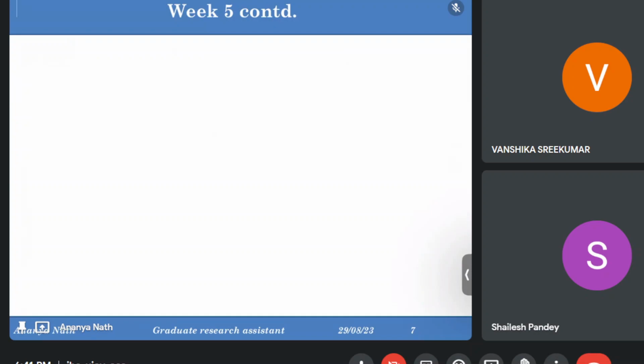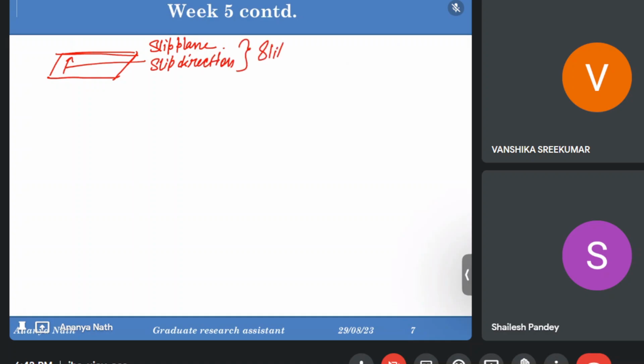So yeah, this is a plane. This is a slip plane. Slip plane means the plane through which the dislocation will move. Now in which direction, that will be indicated by the slip direction. So both of these form a slip system. Now, this is a lattice.